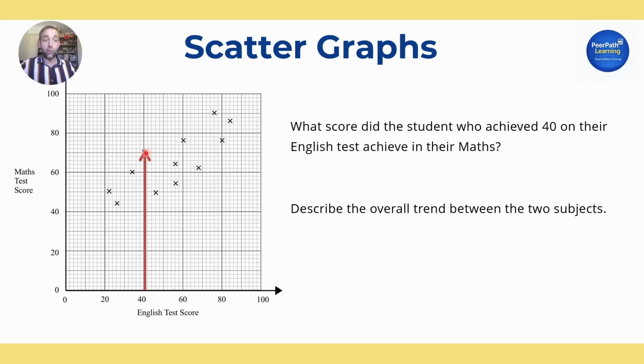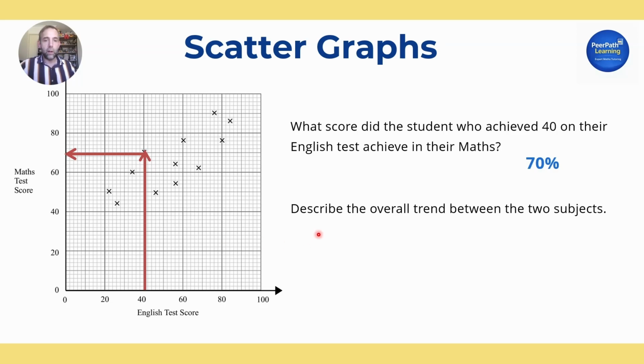So this is the student we're referring to. And now if we go across to the axis with the maths test score, we're looking for what this score here is, which is approximately 70%. So you'll either be given some leeway, with a little bit of leniency either side of 70, or you'll have multiple choice answers and then 70 is clearly the best one.